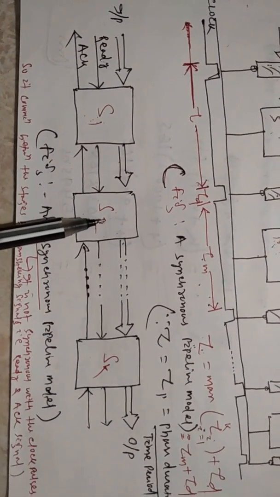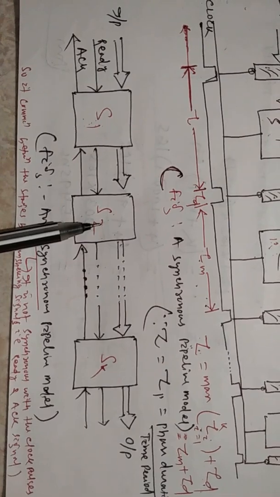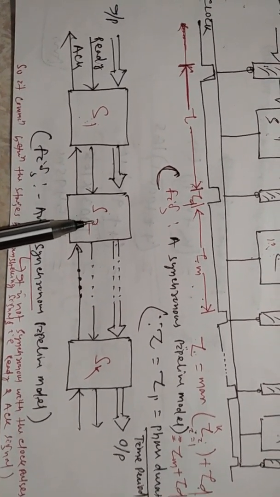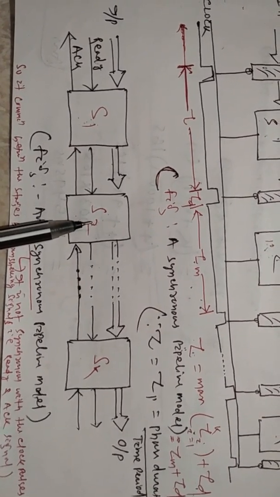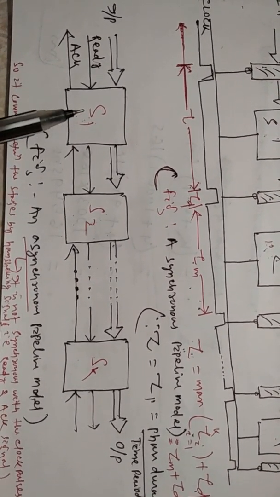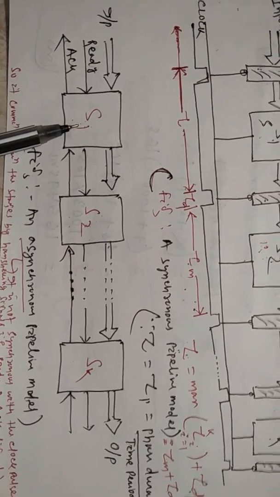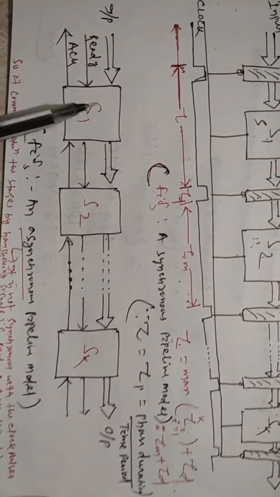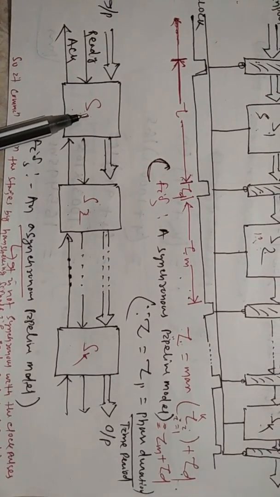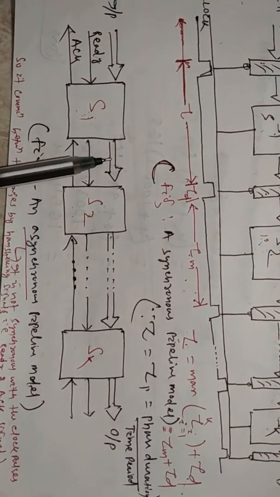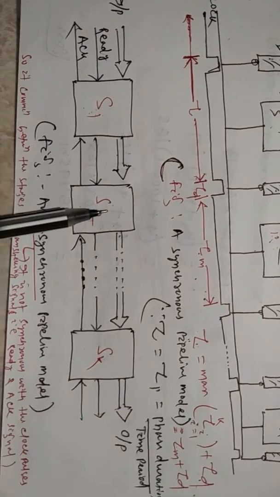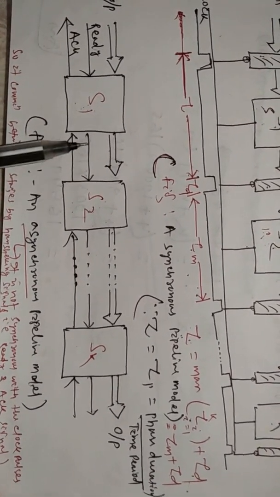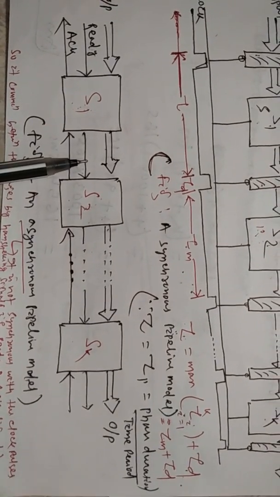At that time, when S2 gets the ready signal from S1, it analyzes the request and returns feedback to S1, which is called the acknowledgement, that yes, I am ready to accept your output. Then S1 will send the output with the help of this bus as an input to S2. Similarly, they continue their execution process.